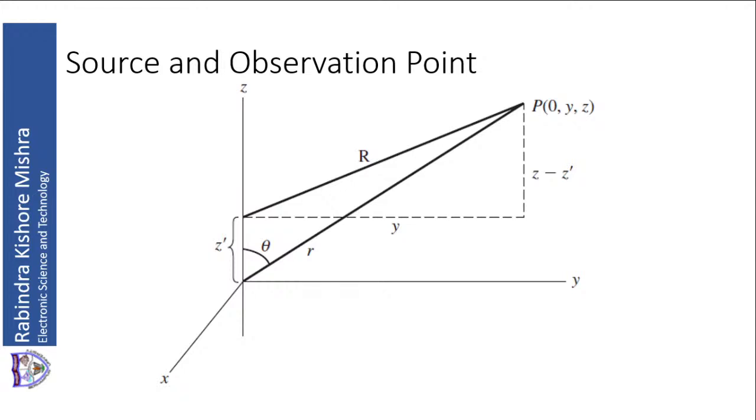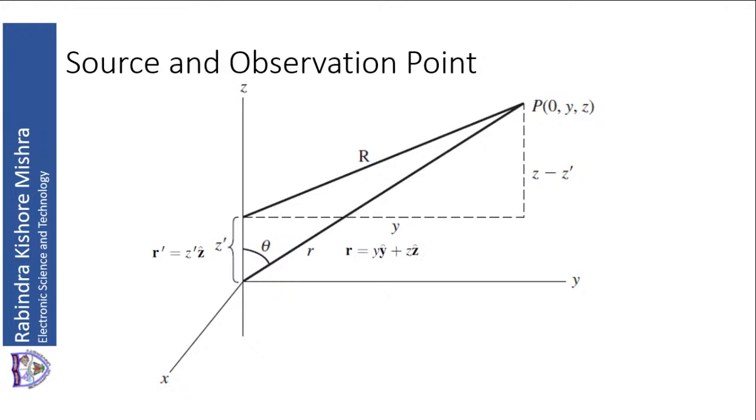Now, let us find out what r dash is in this case. Since we are considering a point z dash as the source point, r dash is equal to z dash into z cap.